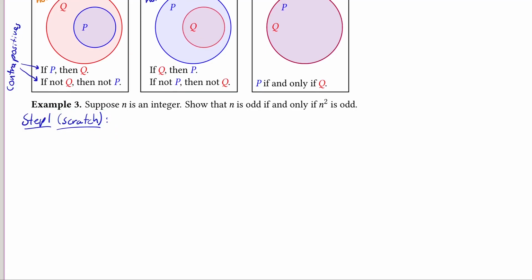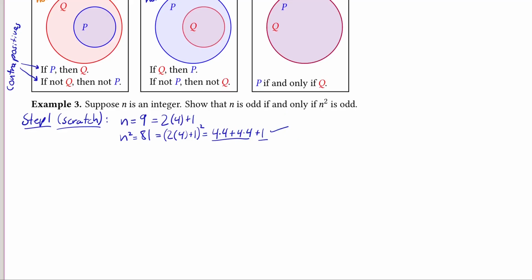We can start with some odd numbers for n, like if n is 9, 9 is 2 times 4 plus 1. That's going to make n squared be 81, which is odd. We can get that by doing 2 times 4 plus 1 squared. That's going to come out to be 4 times 4 plus 4 times 4 plus 1. That's 2 times something plus 1. Okay, that works.